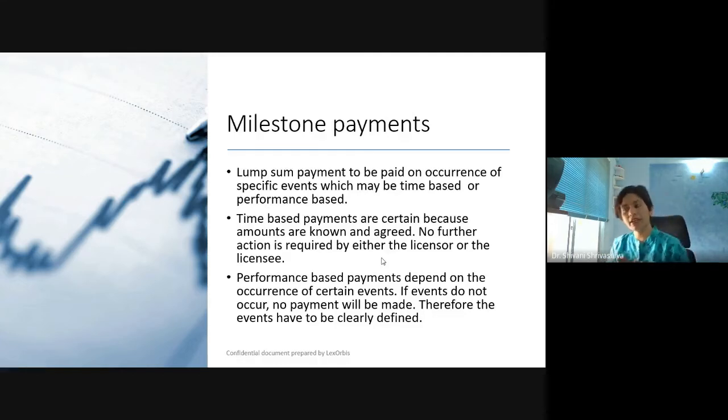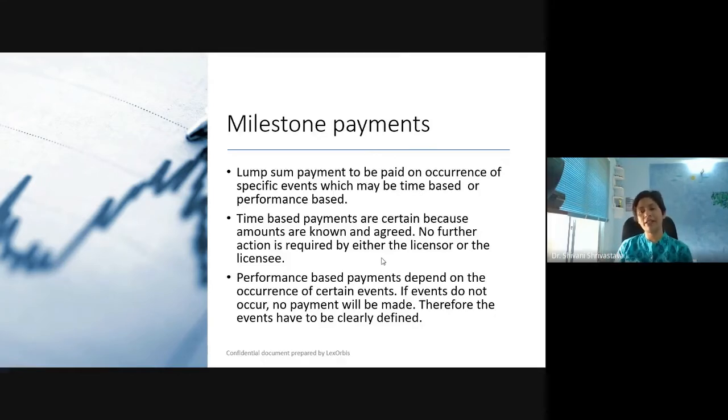When we are talking about milestones, there are two kinds of milestones. One is time based and one is performance based. Time based milestones mean, for example, X amount is paid at the time of signing the agreement.